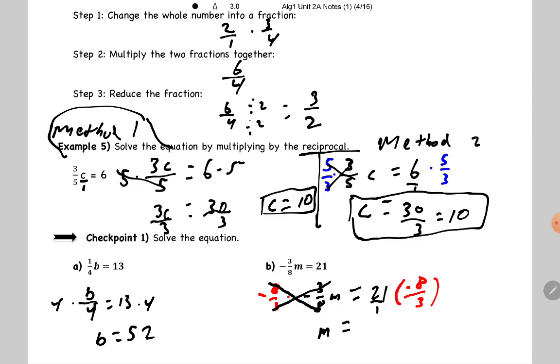Or if you remember, 21 divided by 3 is 7. So this becomes 7, and that becomes 1. And I'll get negative 56. Now if you do it the original way, you do 21 times negative 8, and you'll get some big number, negative 168 divided by 3. And then that'll give you your negative 56.